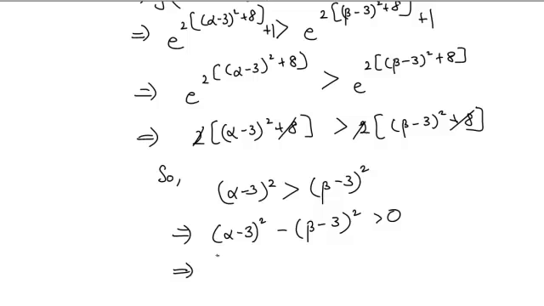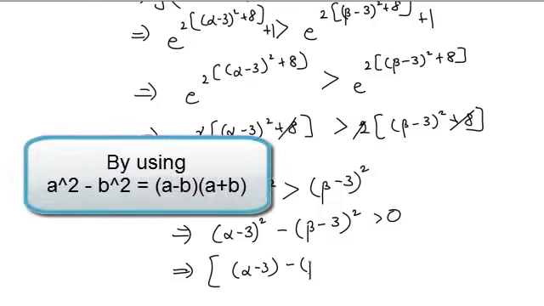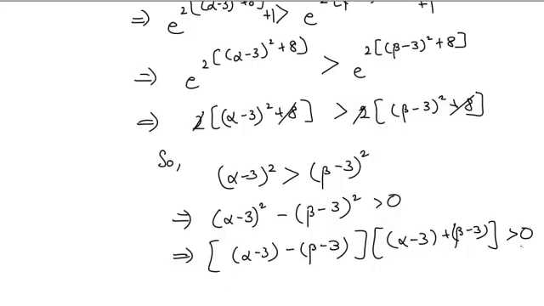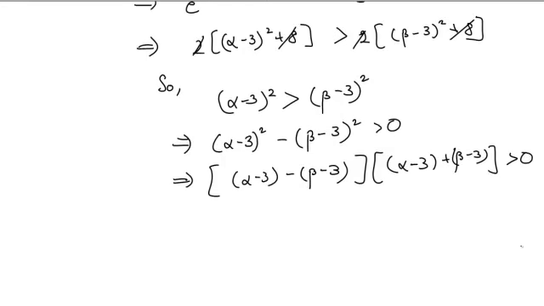So this implies alpha minus 3 subtract beta minus 3 multiplied by alpha minus 3 plus beta minus 3 is more than 0. We have just applied the formula a squared minus b squared equals to a minus b, a plus b.